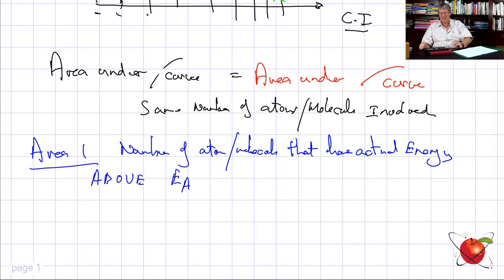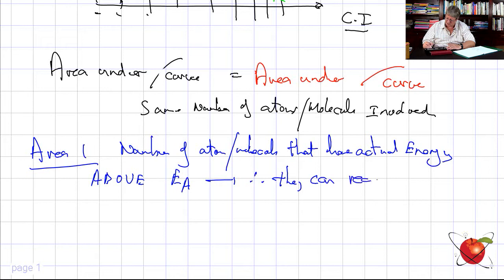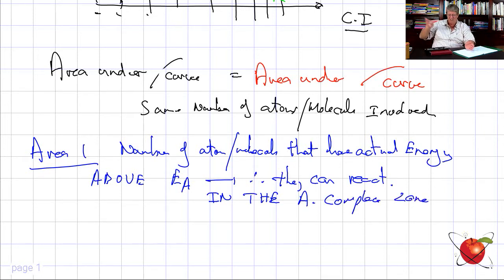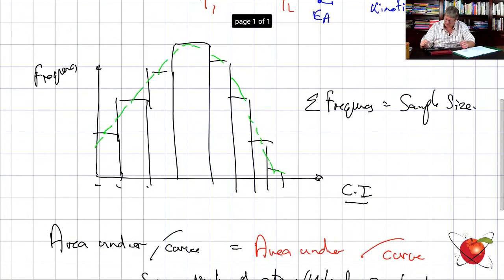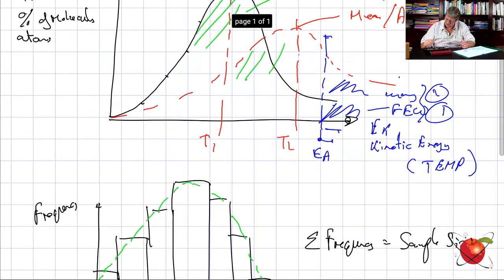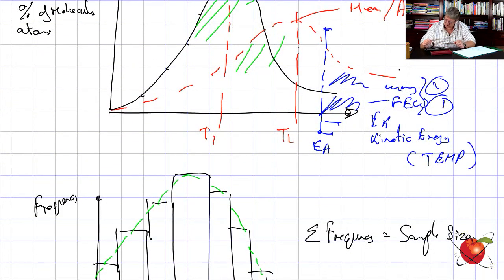Right? They have actually got enough energy, therefore they can react. In other words, they are in the activated complex zone. Anything above there is the activated complex zone, right? All right. Let's call it that there, shall we?